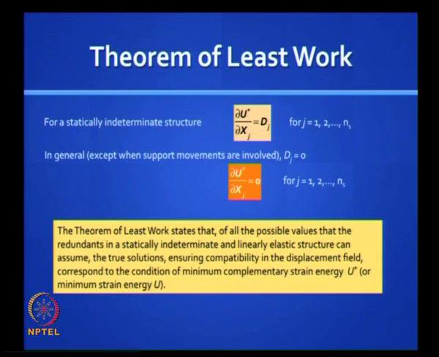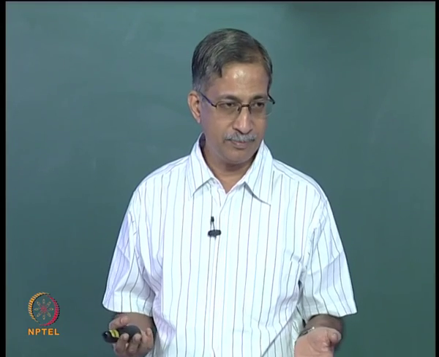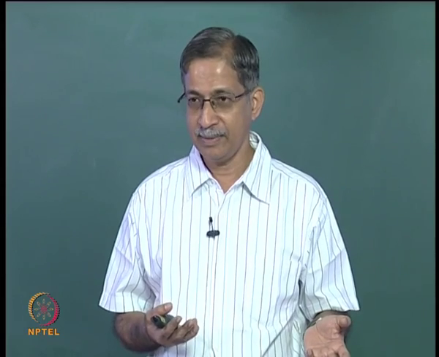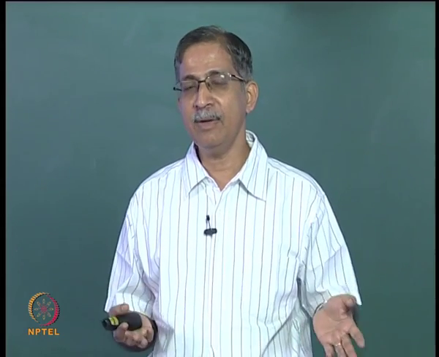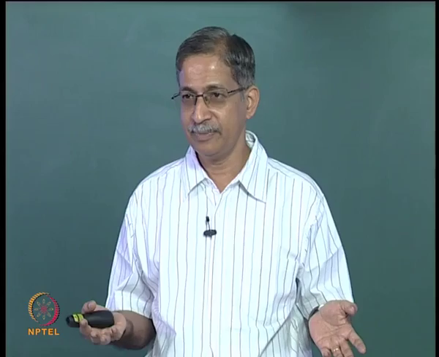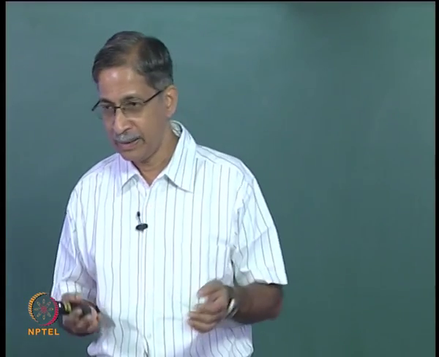Now the Dj that we are referring to here is a displacement conjugate with Xj. If you look at the previous problem where you took the support reaction as Xj, the horizontal reaction, then Dj would be the movement in that support, and that movement is 0. So in that example, isn't it? The movement in the original structure is not allowed, so Dj is 0.